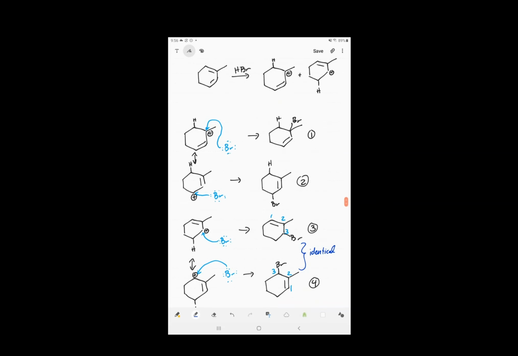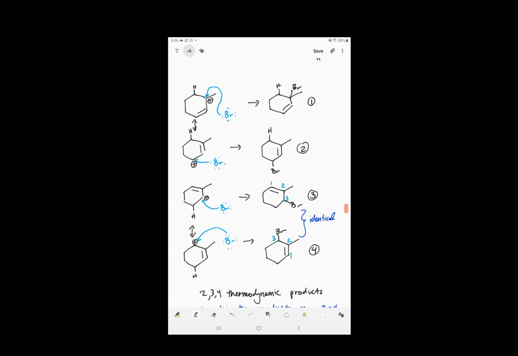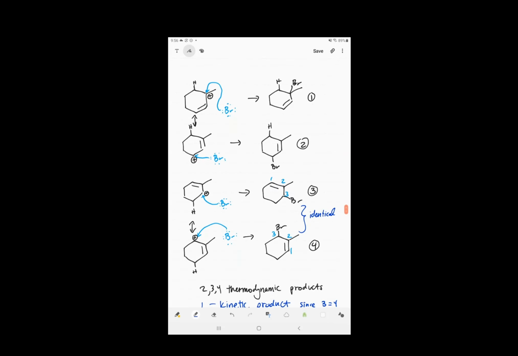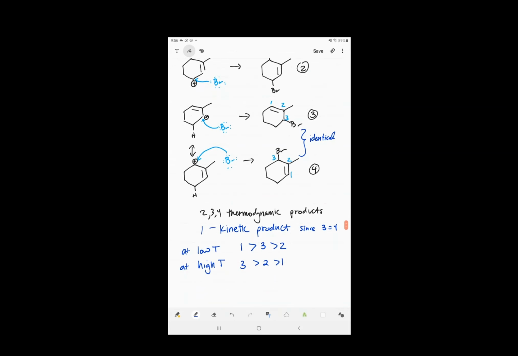But product 1 here is only a doubly substituted double bond. So number 2 will still beat out number 1. But because number 3 has, again, twice as many chances of forming, because it's identical to product 4, we're going to end up with that here.